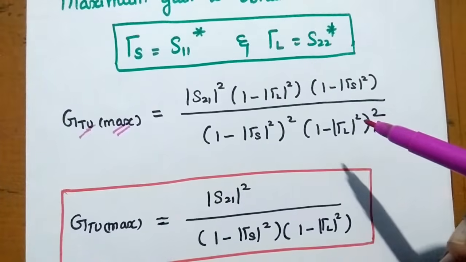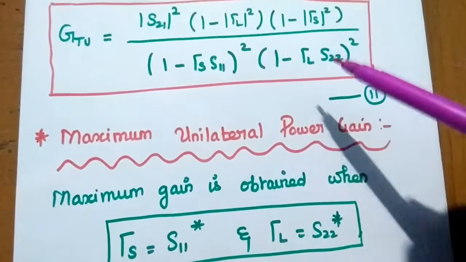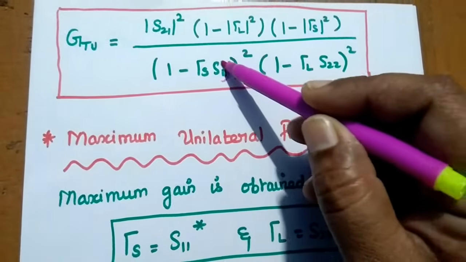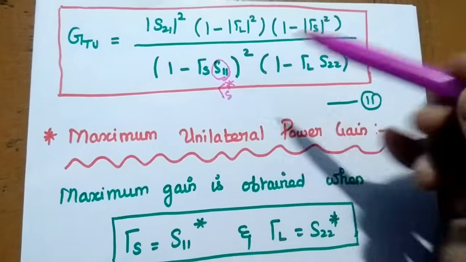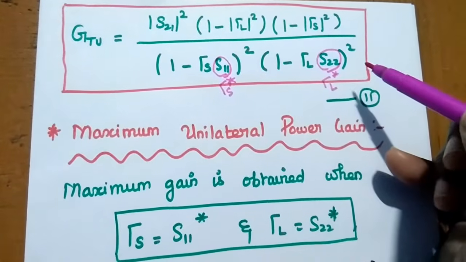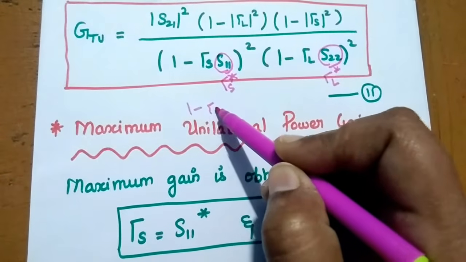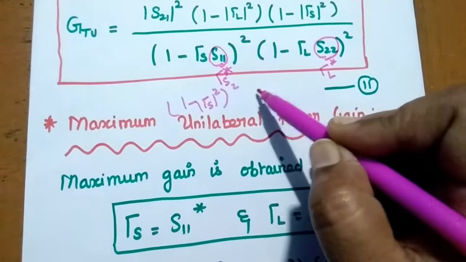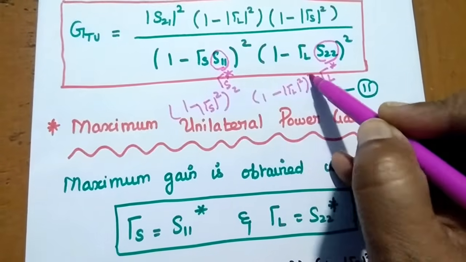We know this is the unilateral transducer gain. In this equation, we are going to replace S11 with ΓS* and S22 with ΓL*. At that time, what do the terms in the denominator become? This becomes (1 − |ΓS|²) the whole square, and this term becomes (1 − |ΓL|²) the whole square.